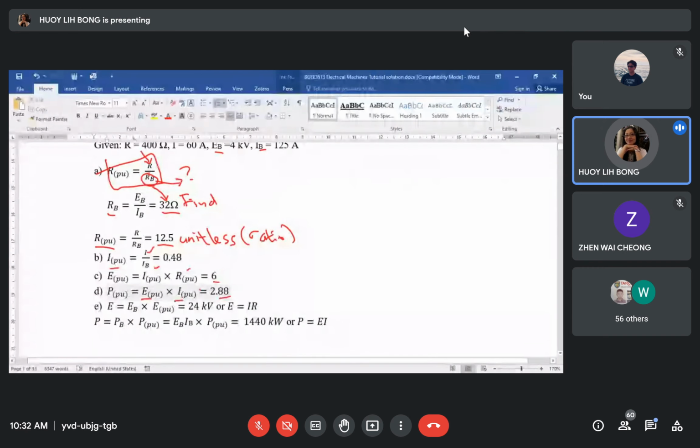To find the actual value, you have to use the base value times the ratio of the per unit value. Then you get back the actual value. This one, write down the SI unit here, 24 kilovolt. And power also, you do the same.